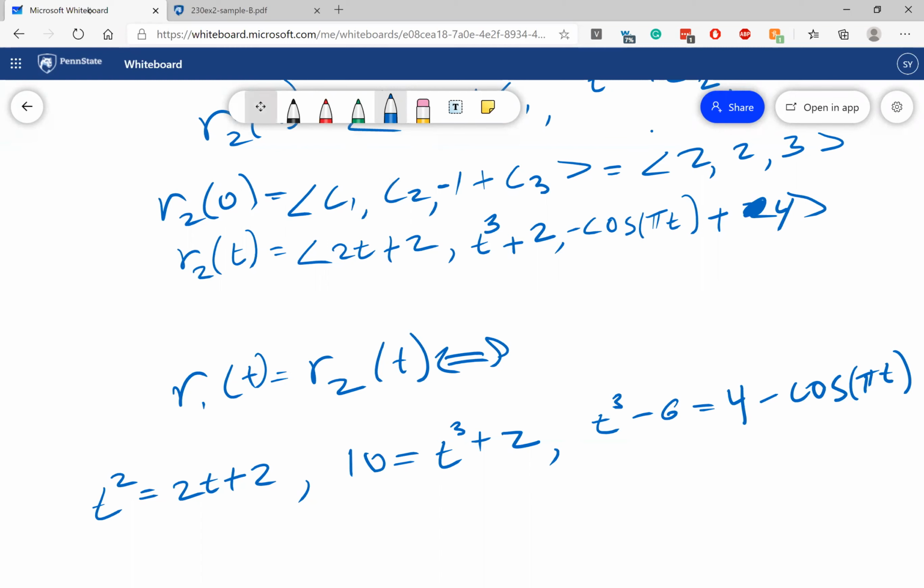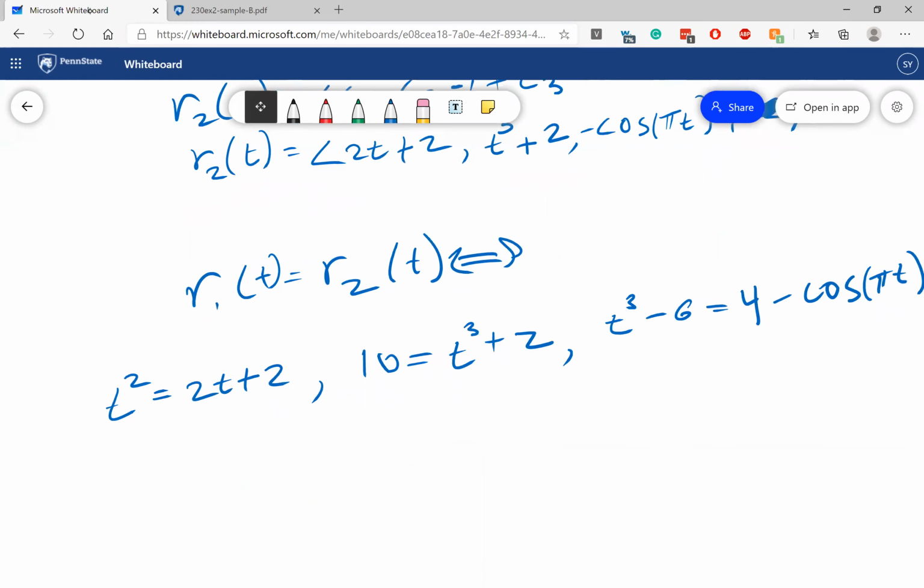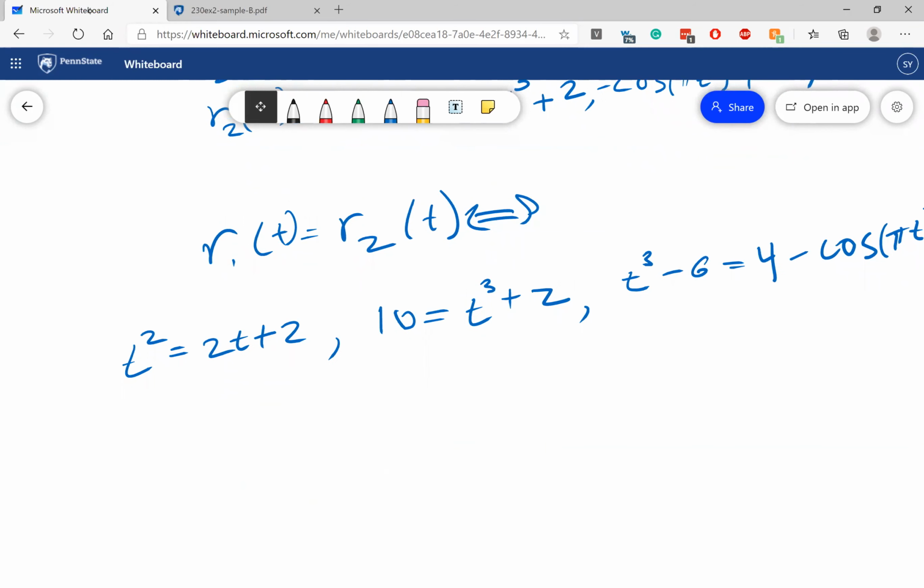Okay, so if this is true, then, let's see, what about this over here?